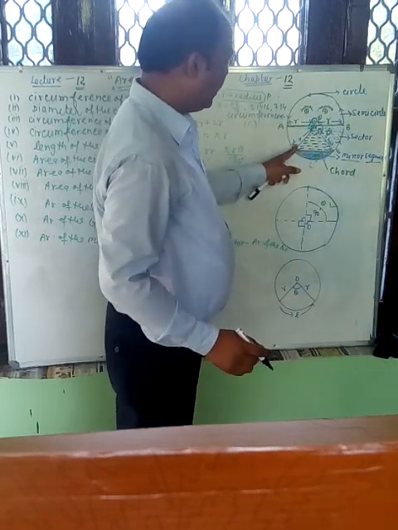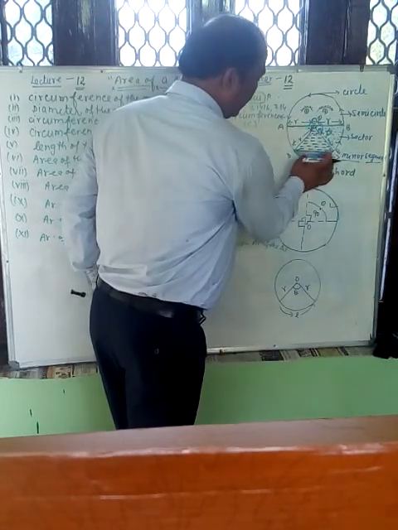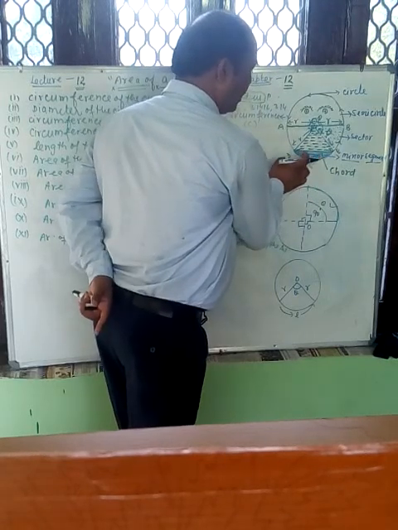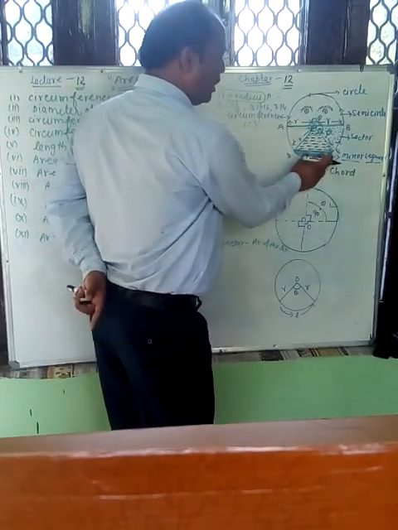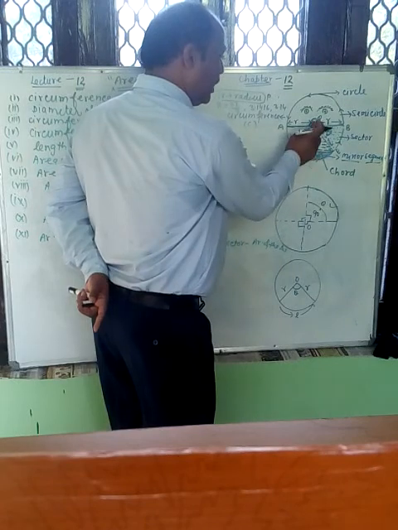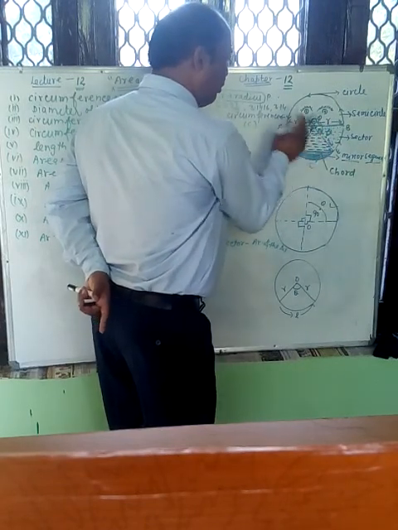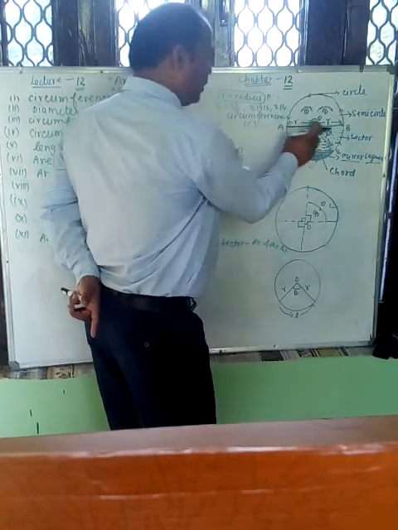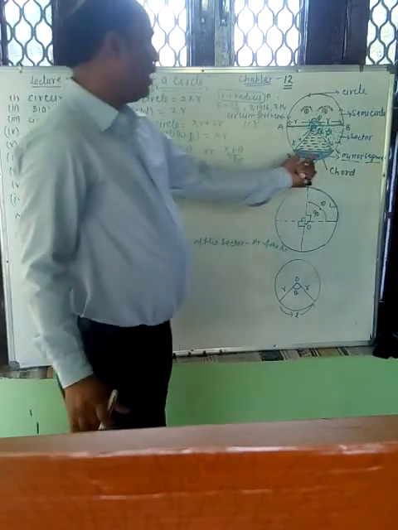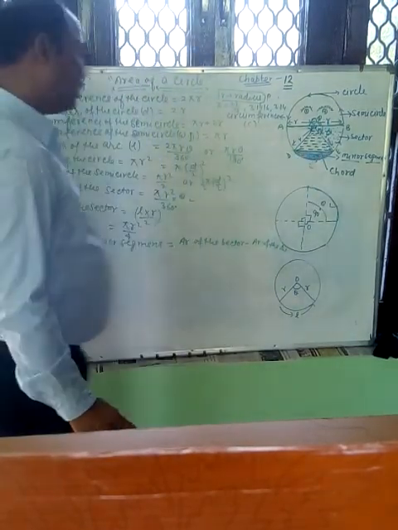Suppose this is a minor segment and we want to find its area. It means area of this sector minus area of this triangle.